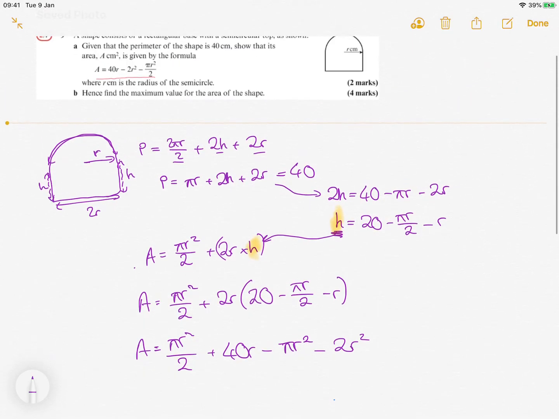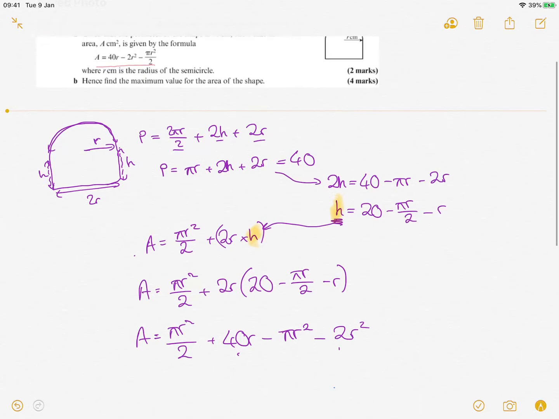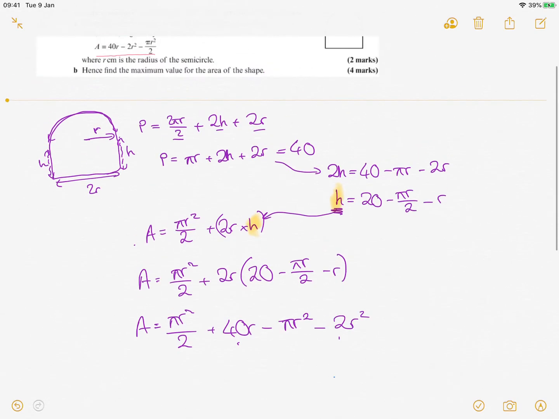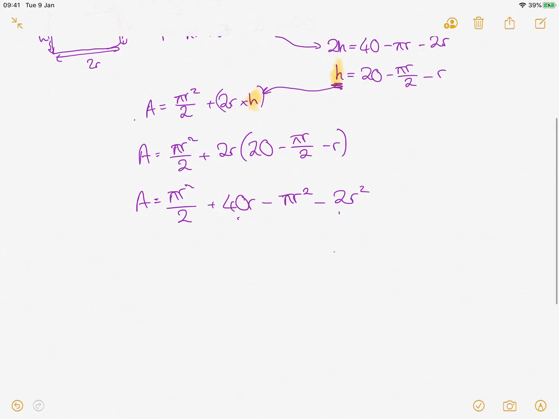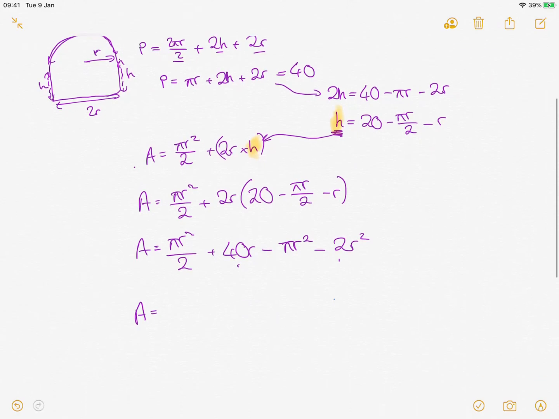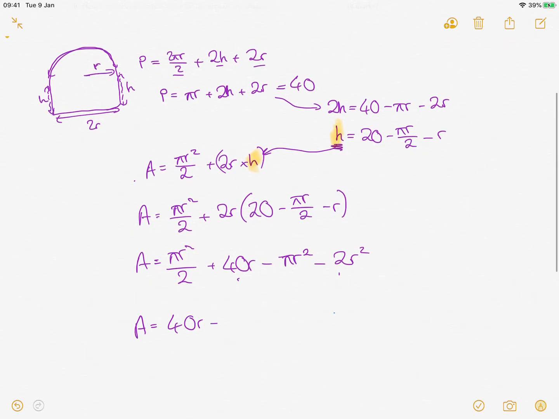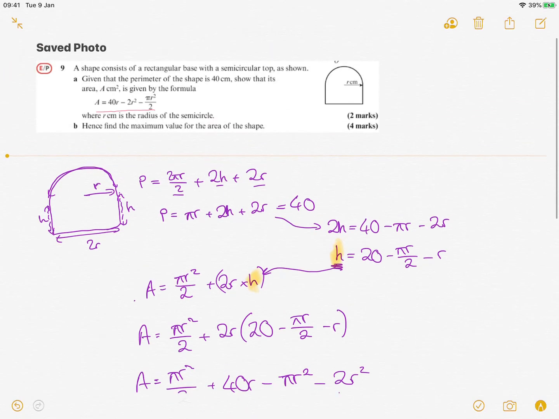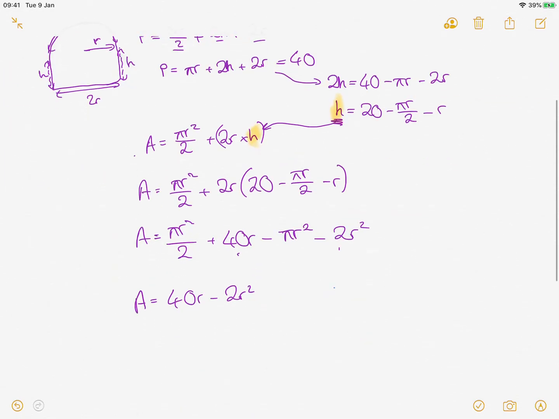Okay, so this is starting to look good because I'm seeing some of these in my formula that I want. So the area is equal to, let's put it in their order, so we've got 40r minus 2r squared, and then pi r squared.